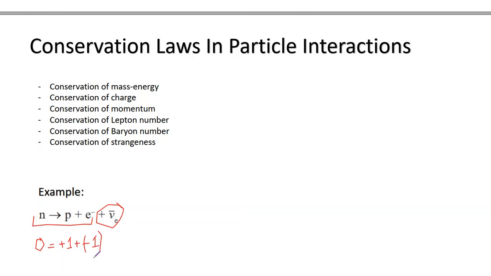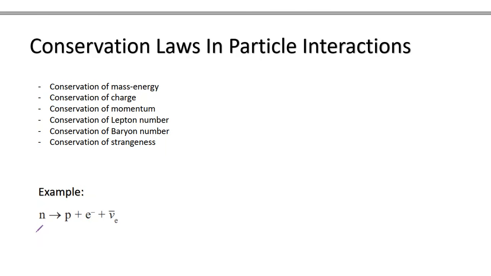You might be wondering, conservation of charge fulfilled, no issues there. But that's the thing, you cannot just conserve the charge, you have to conserve the lepton number over here as well. For example, a neutron is a baryon, which doesn't have a lepton number. So the lepton number is 0.